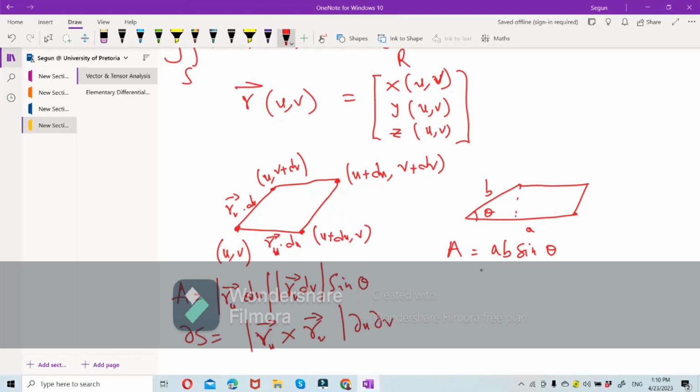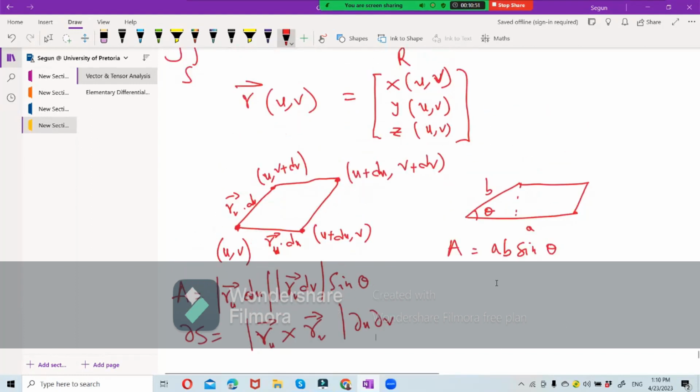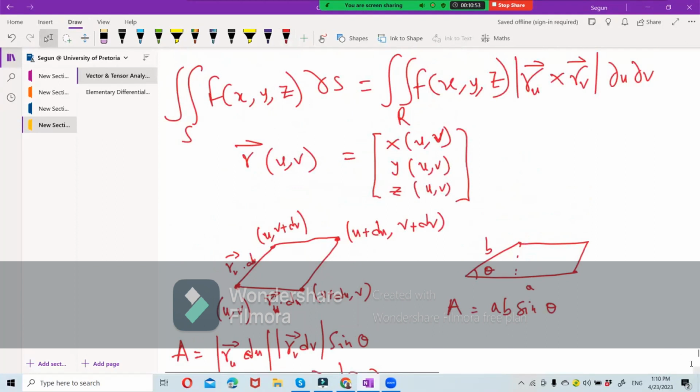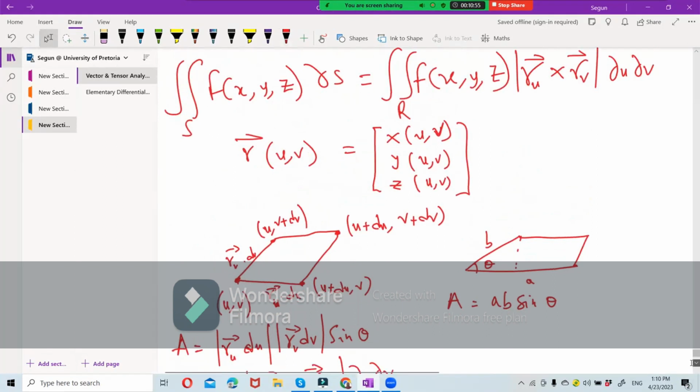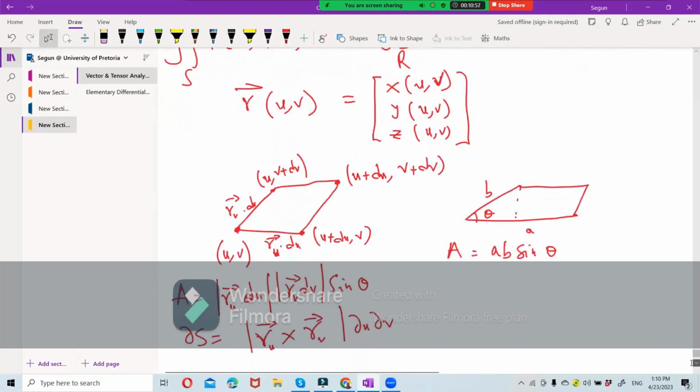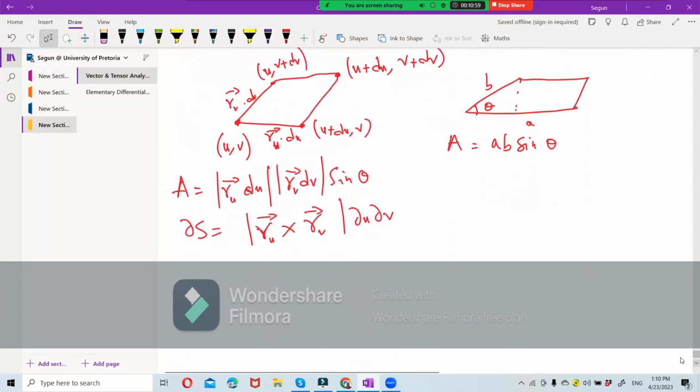So if you have this, we can easily write our formula based on what I just displayed. All we need to do is get the cross product of r_u and r_v.